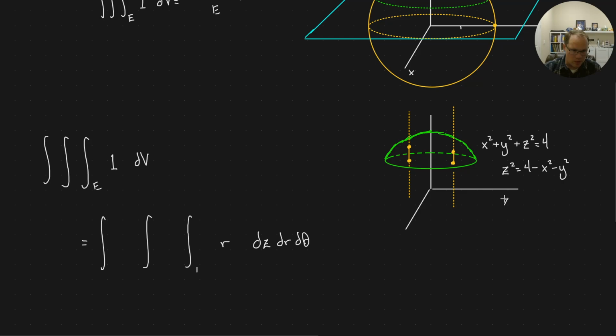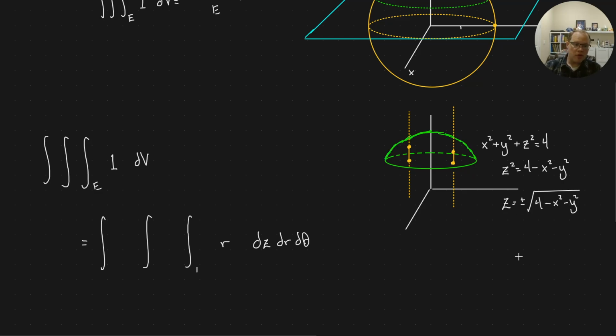Okay, take the square root. I get plus or minus root of 4 minus x squared minus y squared. Now that gives me two options, a positive and a negative. I'm in the upper half of the sphere where z is positive, right? So I want the positive root.